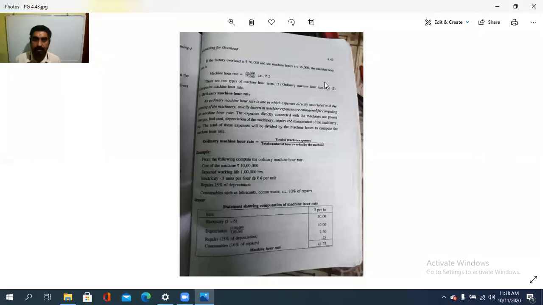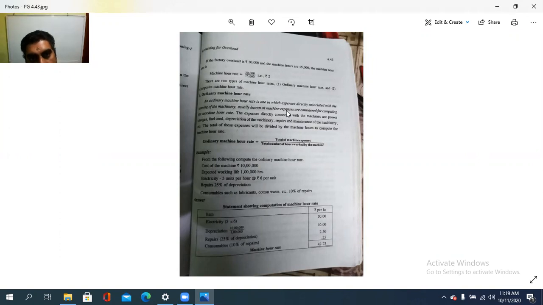Yesterday we saw the ordinary machine hour rate. That is, total of the machine expenses incurred divided by total number of hours worked by the machine.